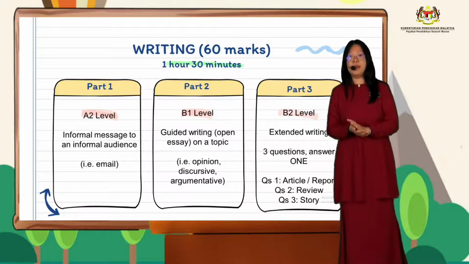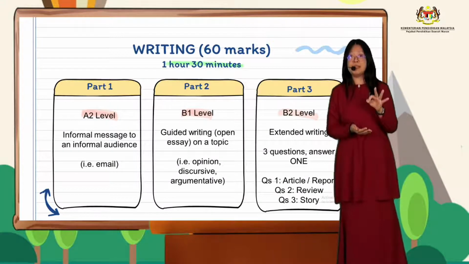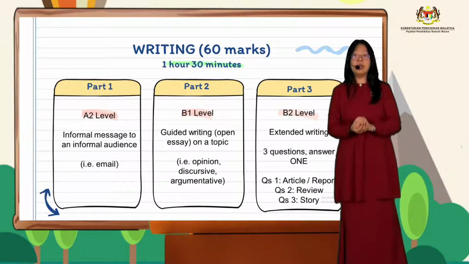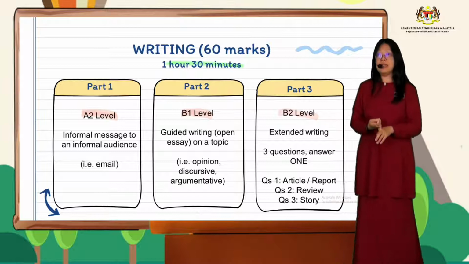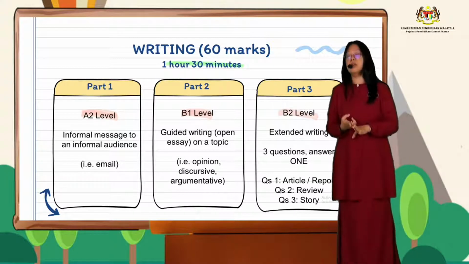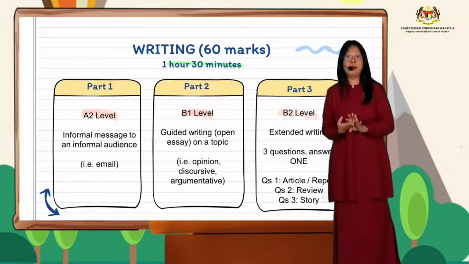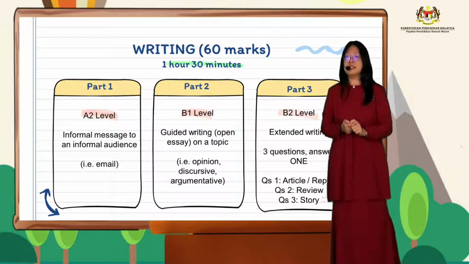So for SPM, we are upgrading the question into 3 parts. We continue with part 1, where we're still writing an email. And part 2, we also continue with a longer essay, but with some changes.